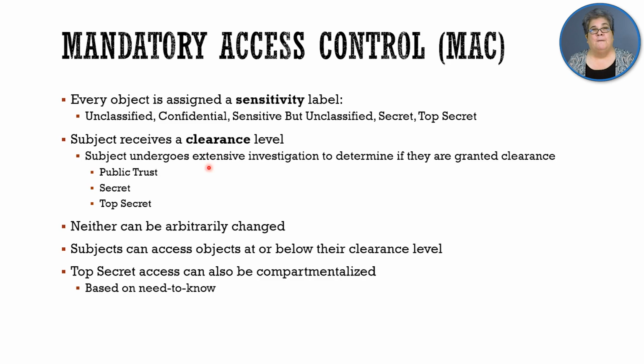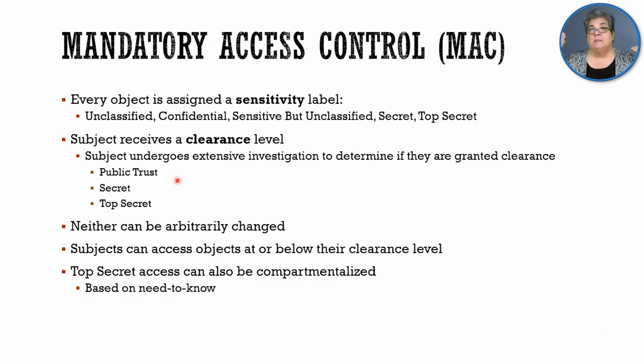level. The subject will undergo extensive investigation, if they're a person or an entity, to determine what clearance we're going to grant them. Are we going to give them public trust, secret, or top secret? You can't just go and change any of these things arbitrarily. If I have a secret level clearance, I can access things at secret level or below.